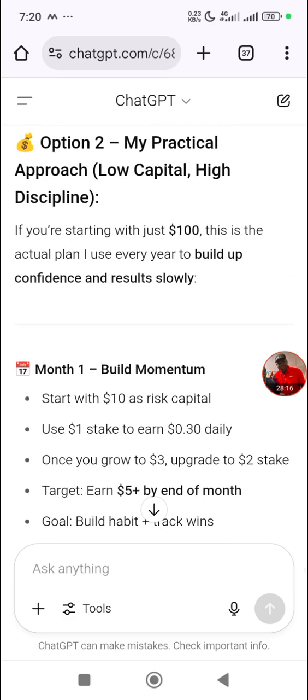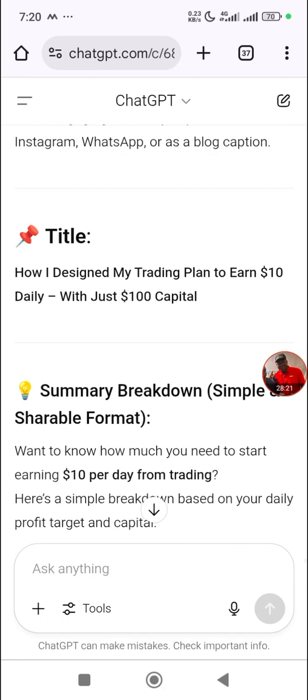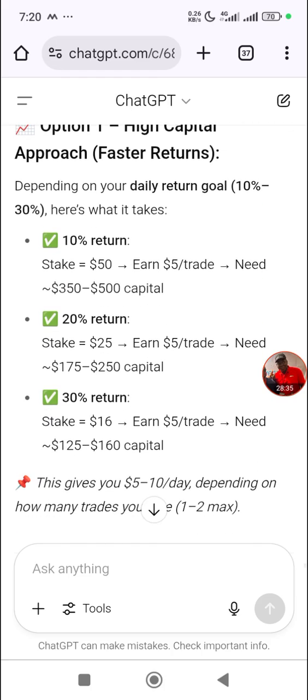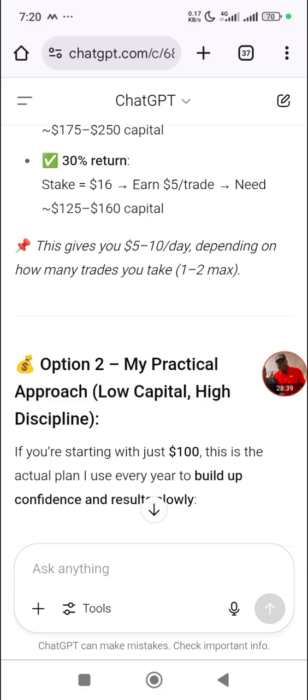So guys, this is me sharing with you my own personal trading plan, how I design my trading plan to earn $10 daily with just $100 capital. It is not immediate. I've already shown you the high capital approach, the fast one, where you can start trading instantly. Then I showed you my own practical approach, how I use it with low capital.